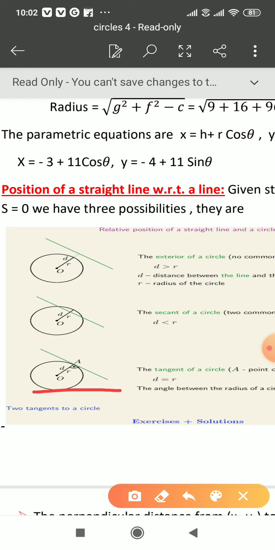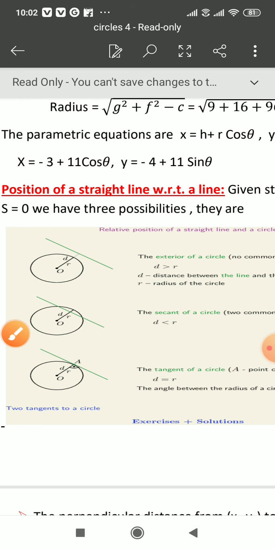If the distance d is equal to the radius, then the line is a tangent of the circle; there is one and only one common point. The angle between the radius and that line must be 90 degrees, because the tangent is always perpendicular to the radius at the point of contact. You know that. So these are the three conditions.